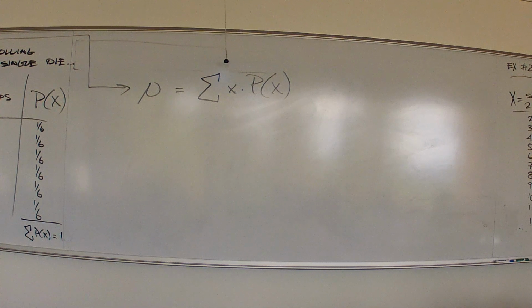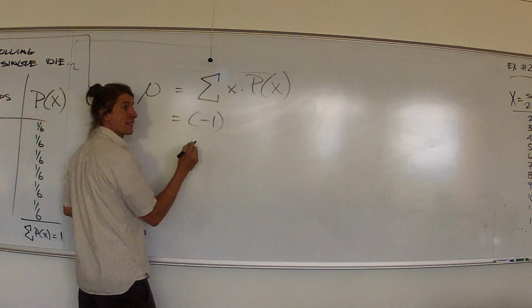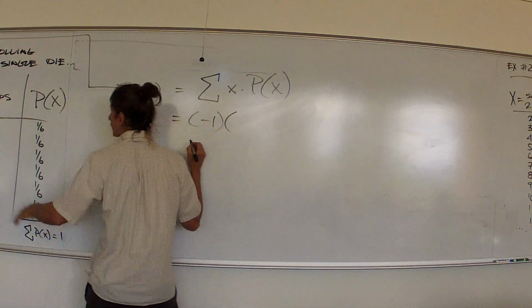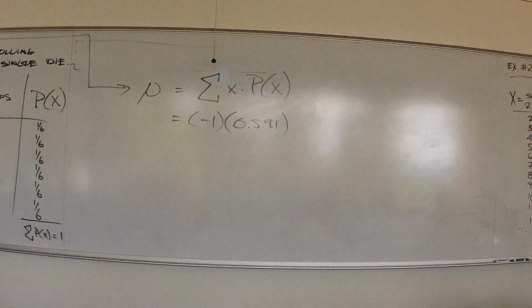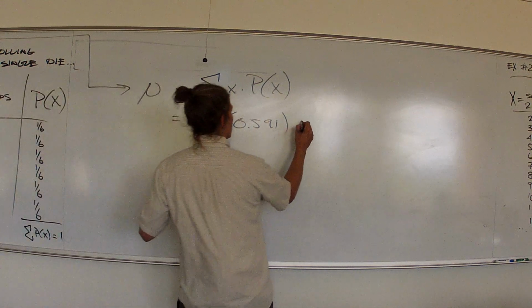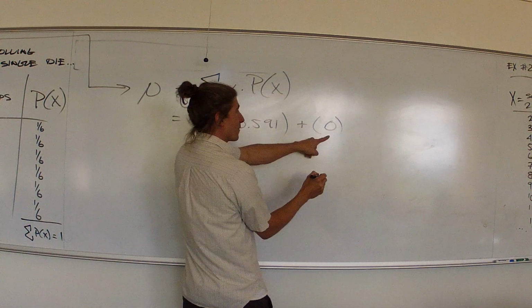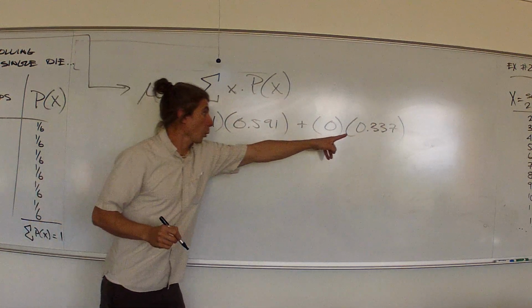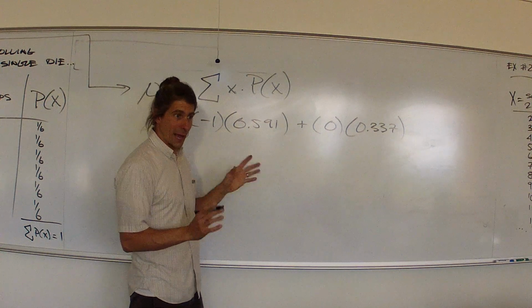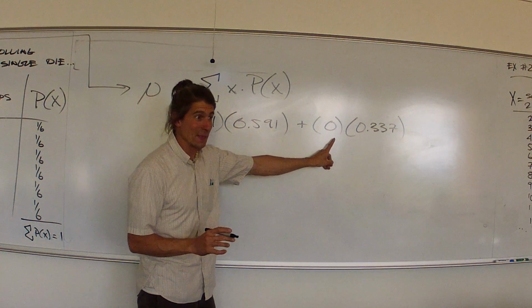So we take the first data point, which is -1, and that's -$1, times the likelihood of losing that, which is 0.591. What that tells us is 59.1% of the time we lose $1. That's all that means. Plus, how many times do we break even? Yes, we break even 33.7% of the time, which is more than half of when we lose. Okay? That's what's really keeping you in the game right there.